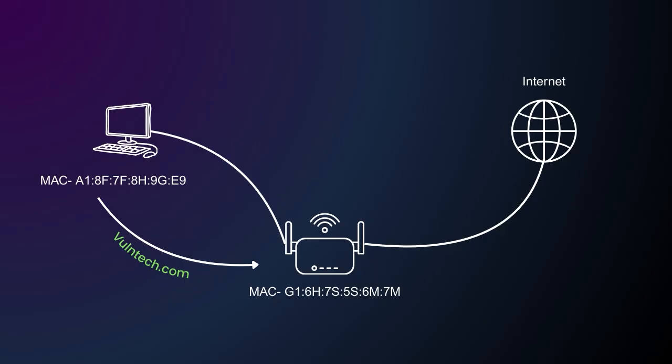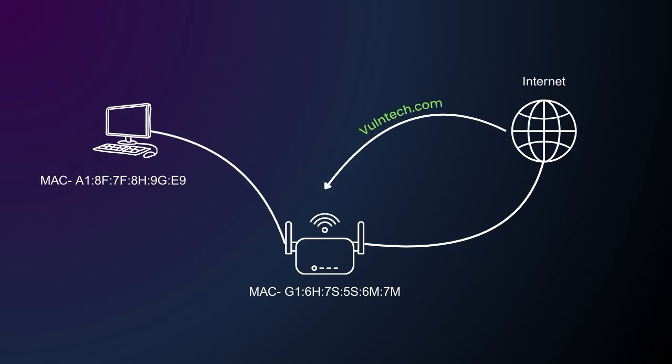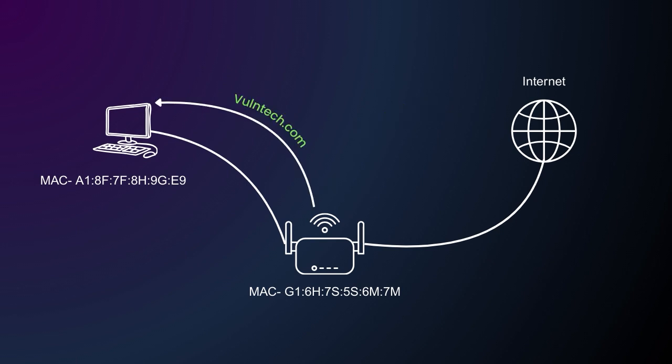So you will send a request to your router that, hey router, I want to visit worldtech.com, and then that router will send that request to the internet, and when the request reaches the internet, it will respond back to your router with the website, and then your router will respond back with that website to your computer, and that website will get loaded on your screen. That's how actually these things work.